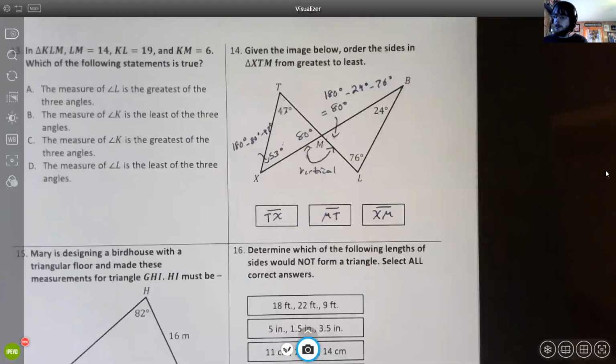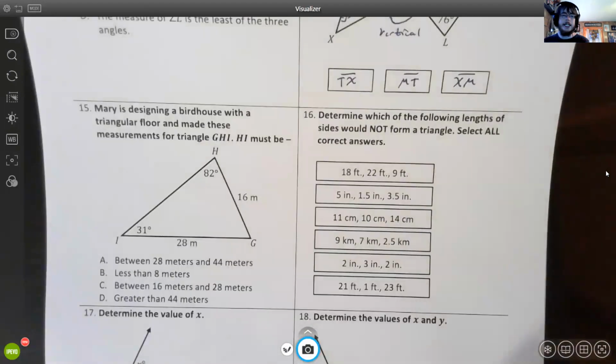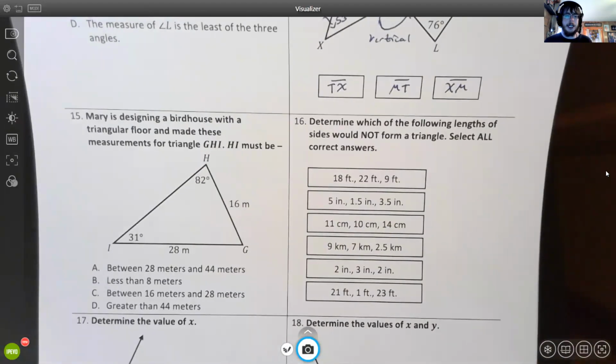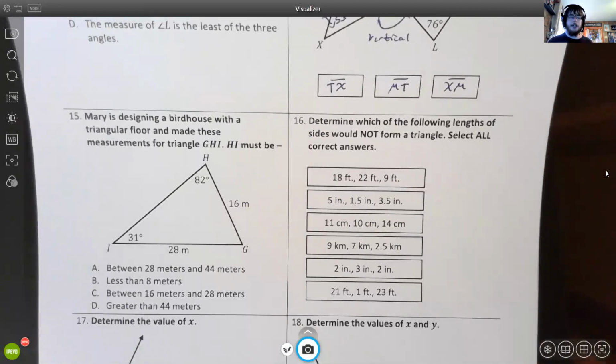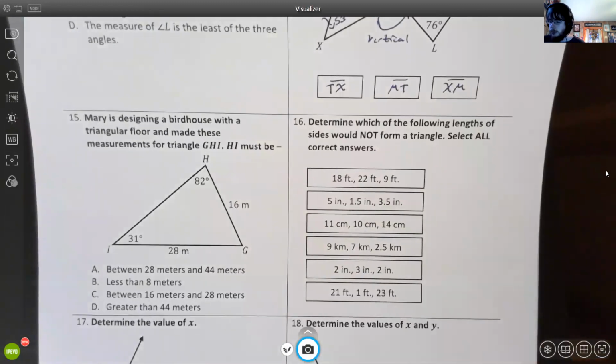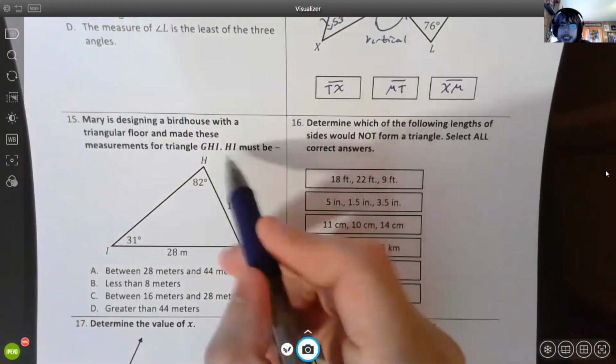Number 15, Mary is designing a birdhouse with a triangular floor and made these measurements for triangle GHI. HI must be, and then it gives you a set of options. Now on these, what you need to make sure you do is you're looking at a side length here.